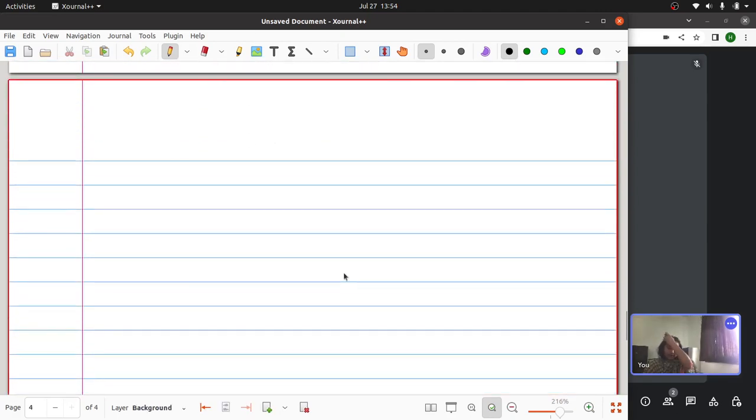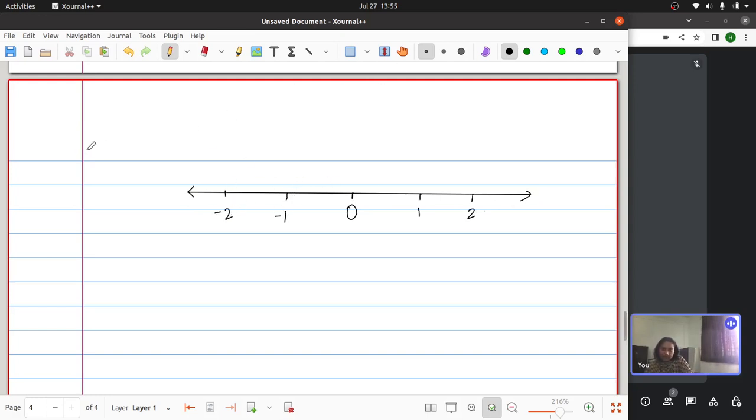Let us see how to represent these rational numbers on a number line. We have the line, let's say we have 0 here, 1, 2 and so on, -1, -2. We'll look at the first example, say 3 by 5.